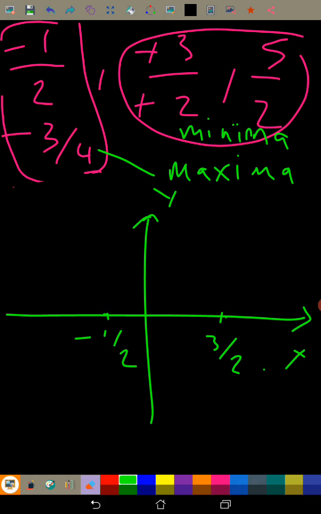This is maxima. Maxima is like this. So like this, and then is the maxima. And then what happens here? And then I have a minima here. Minima here.